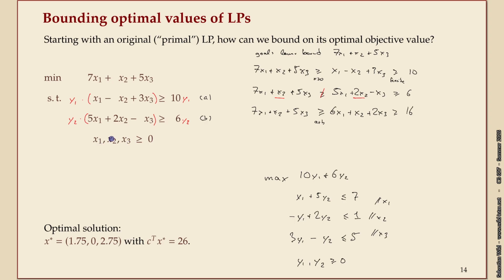If you have greater or equal here, then you can allow the coefficients to drop. If, say, x1 were allowed to be negative, then I can only get a valid bound if the coefficients are equal to 7. So you're playing a game where you try to get a lower bound for the objective function, and that game turns out to be another LP, and that's exactly the dual LP.